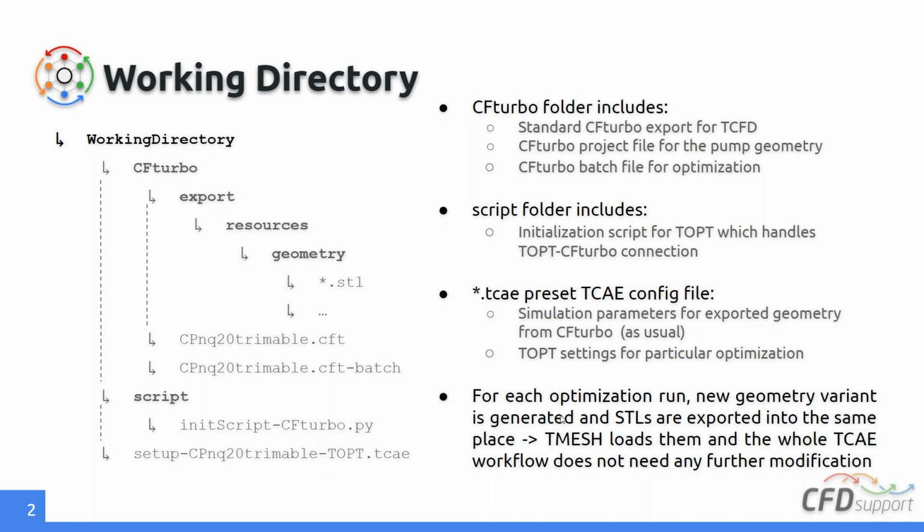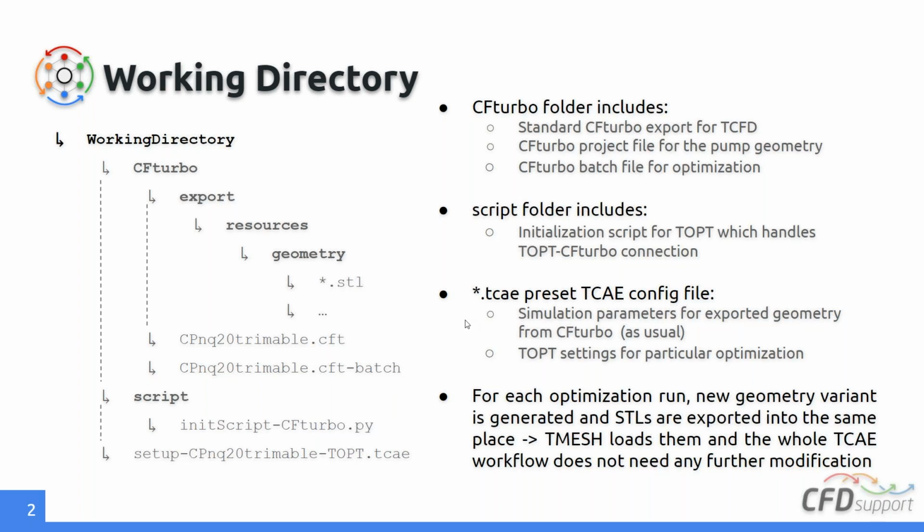So for each optimization run, the new geometry variant is generated using the CFturbo batch mode, and basically the script does the communication with the optimizer. In each optimization run, it gives us a new point in the parametric space. We send it to CFturbo via this batch script.